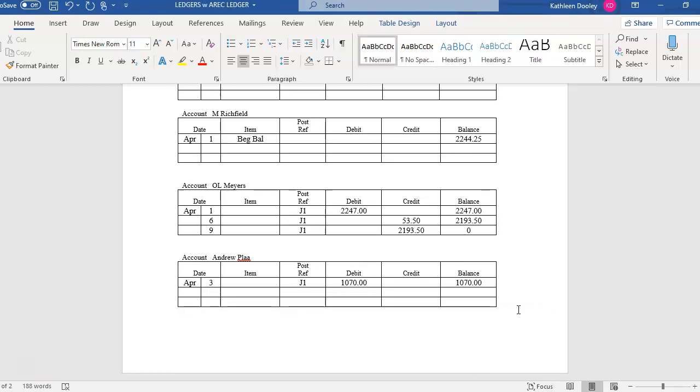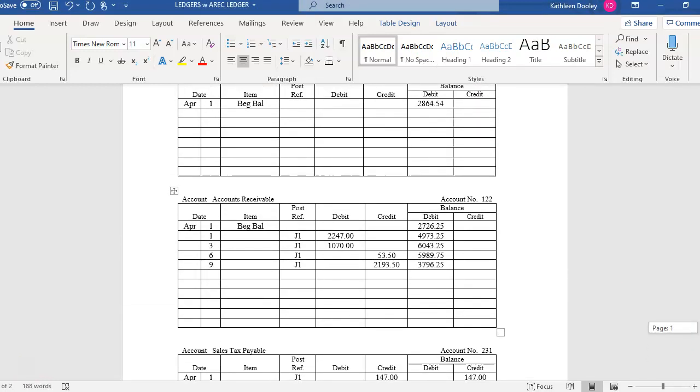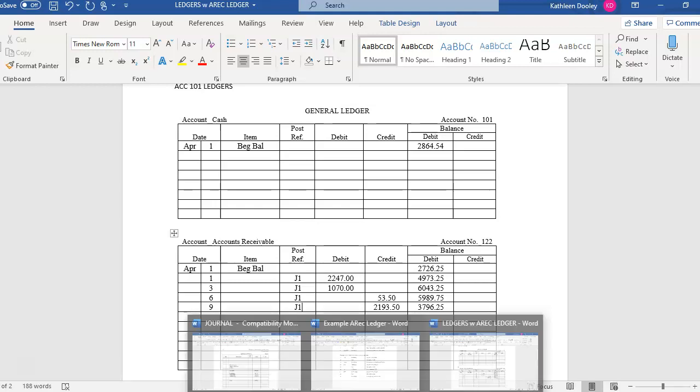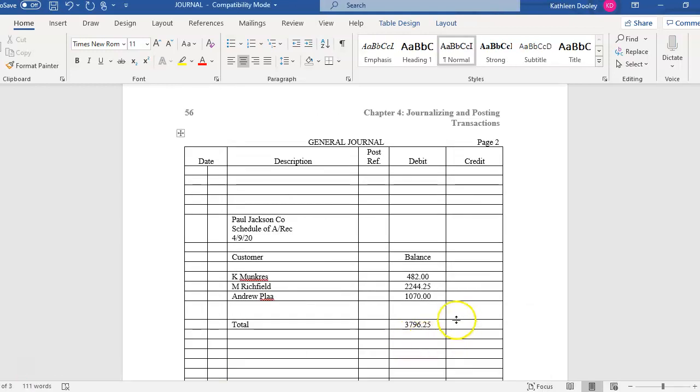So I'm going to go back over here to my ledgers, but now I'm going to go up to my general ledger to accounts receivable and see what is the running total balance on this particular day, the 9th, 37.96.25. Okay, 37.96.25. So that matches.